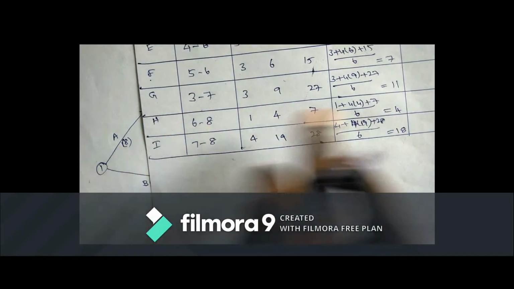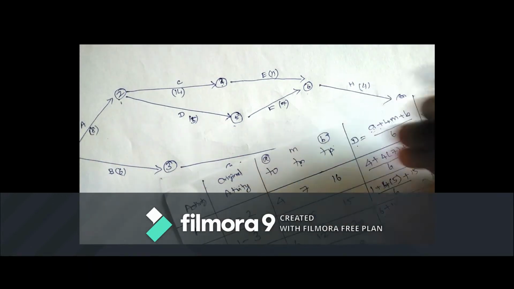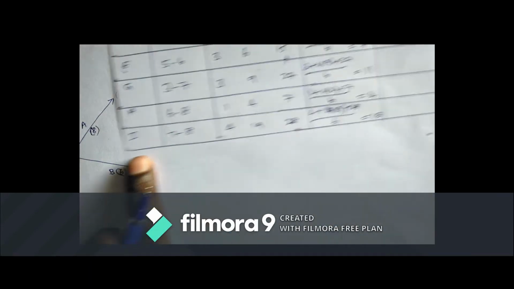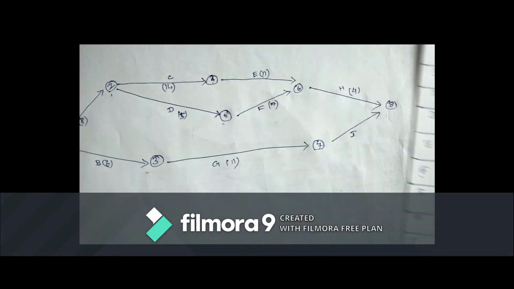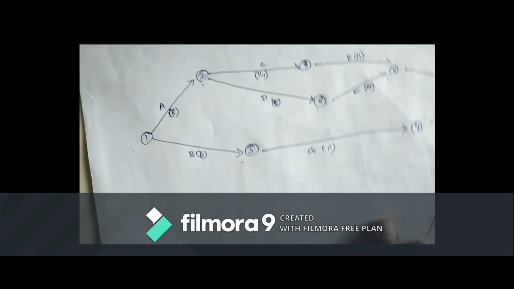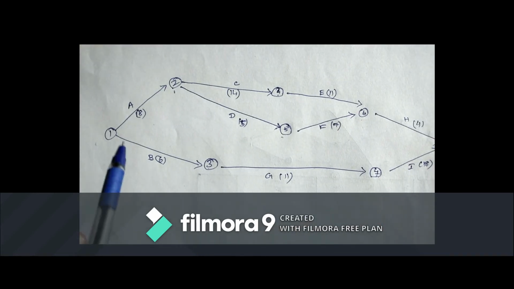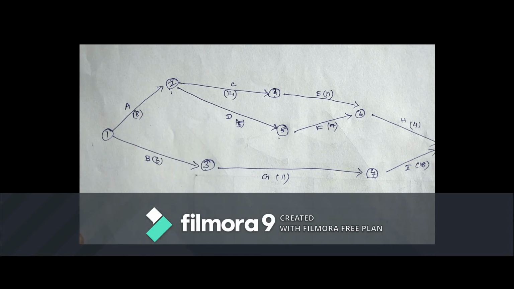And for H it is 4. And last one, for I it is 18. Okay. So now we found the original duration of each activity.